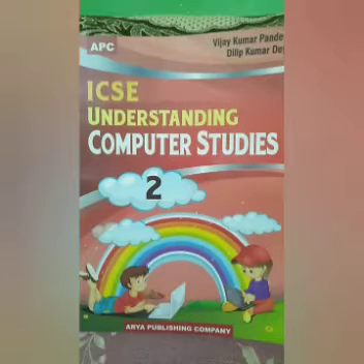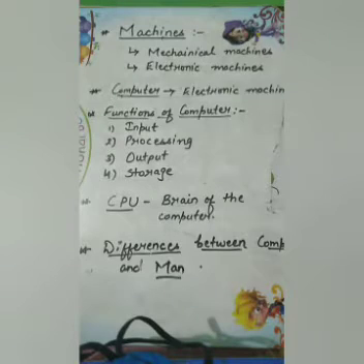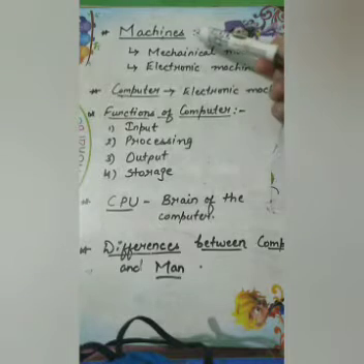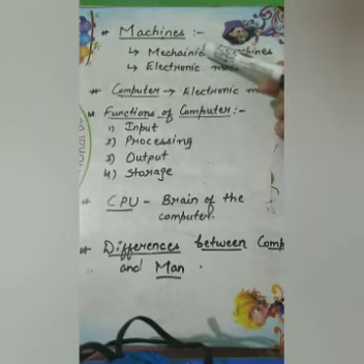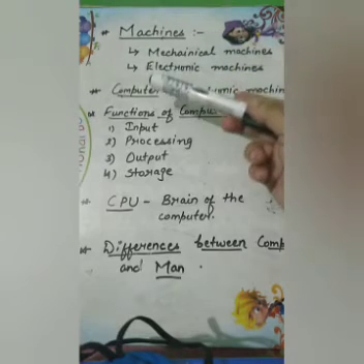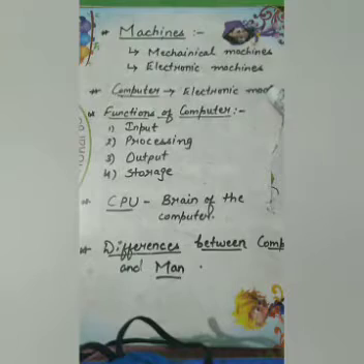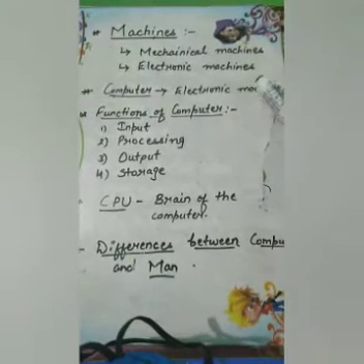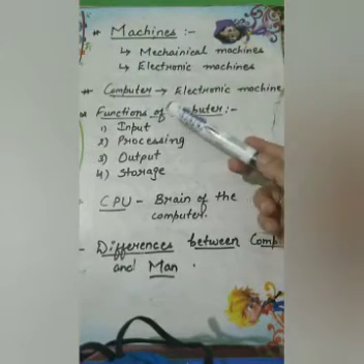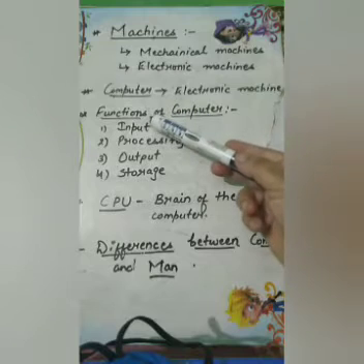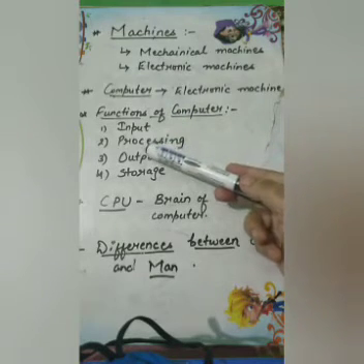Okay children, so this is your book. Open page number 12. But before proceeding, let us recall what we have studied in our previous video. We have studied about machines, electronic and mechanical machines. Next, we have studied that computer is an electronic machine which works on our instructions. Next, we have studied about the functions of computer: input, processing, output and storage.